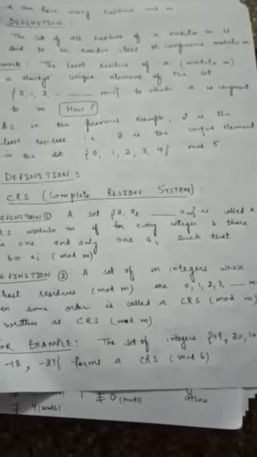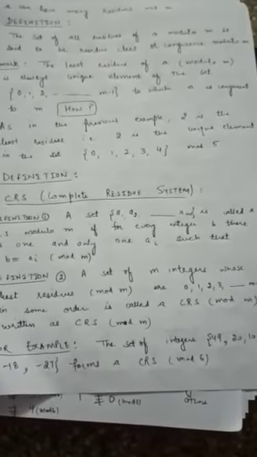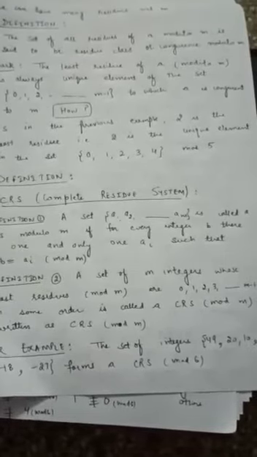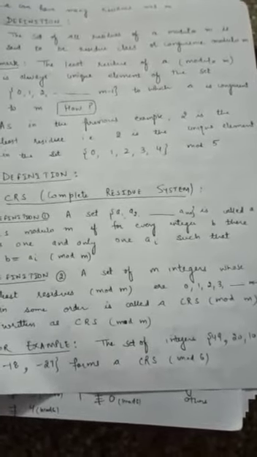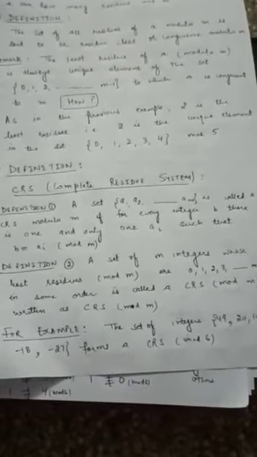So the least residue of A modulo M is always a unique element of the set 0, 1, 2 up to M minus 1. You collect these elements and see that the least residue is the unique element of this set.